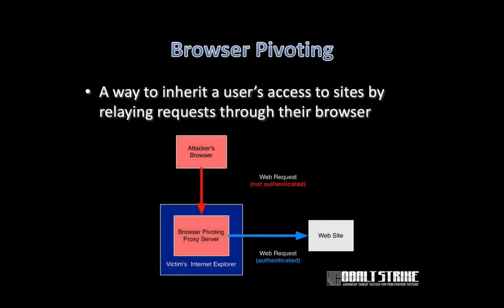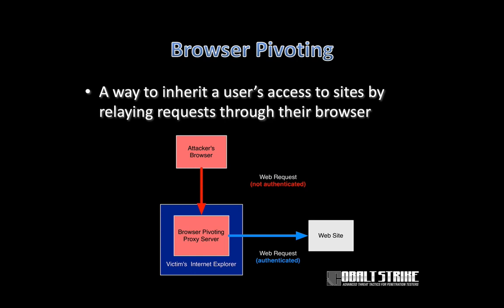The last type of pivoting I want to cover is an application layer pivot called a browser pivot. Imagine this. You're on a target, you take a screenshot, and you see that the end user is interacting with a web application that is of high value to meeting your objectives.